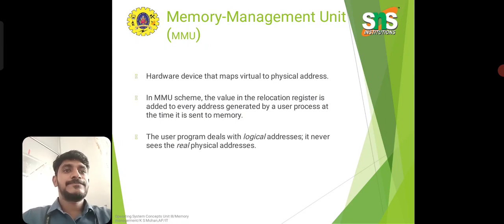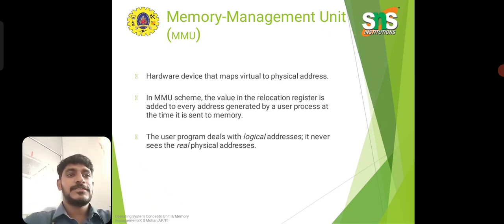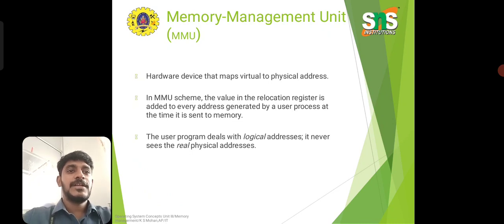We have the memory management unit, MMU. It is a hardware device that maps virtual to physical addresses. In the MMU scheme, the value in the relocation register is added to every address generated by a user process at the time it is sent to memory. The user program deals with logical addresses.